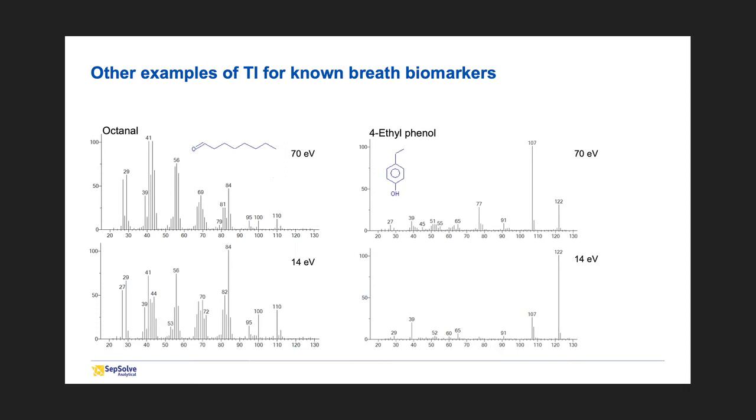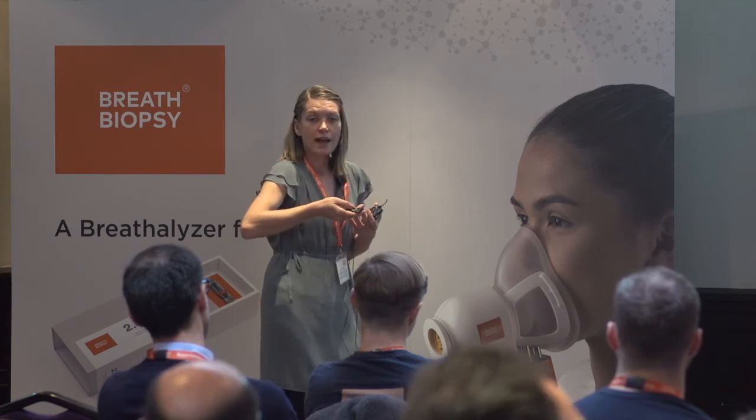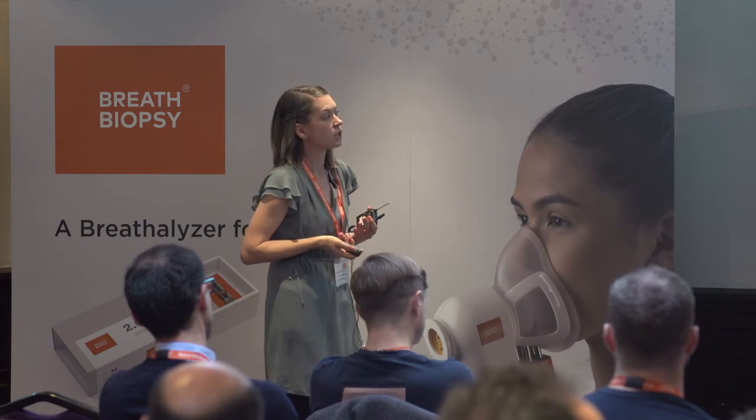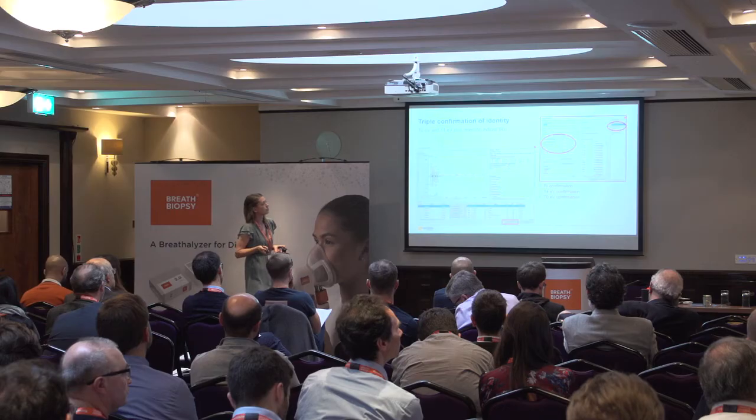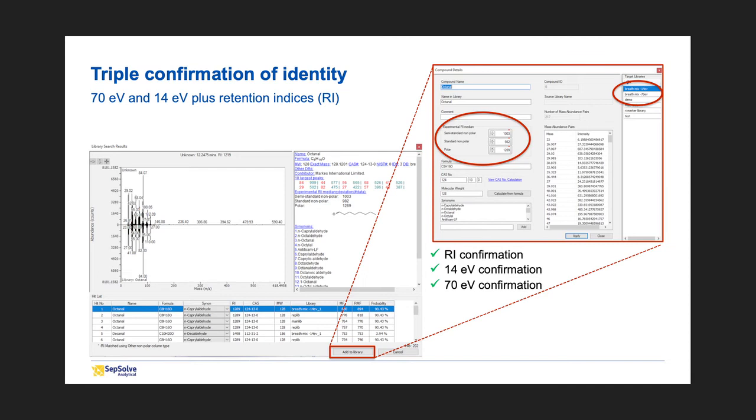And again, for ethylphenol, here the molecular ion becomes the base peak. So it allows you to develop a library with 70 eV data as well as soft EI data for that extra confidence. And when you combine that with things like retention indices, as well as the retention times in first and second dimensions, you've got additional confirmation that you're identifying the correct compounds.